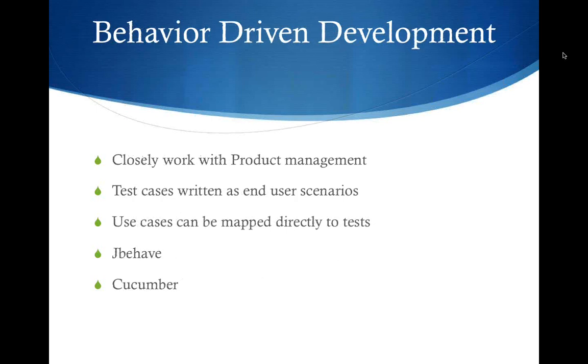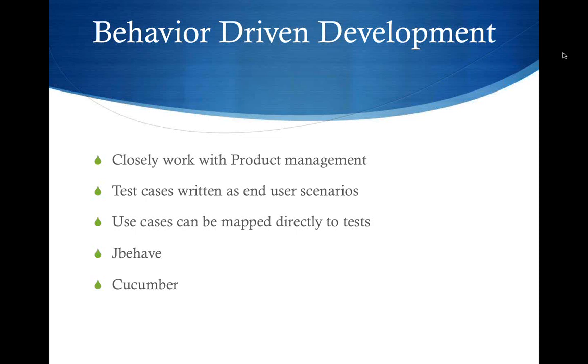To summarize some of the points, QA works very closely with product management to convert the use cases into test cases. Test cases are written as end user scenarios, because of which use cases can be directly mapped to test cases.